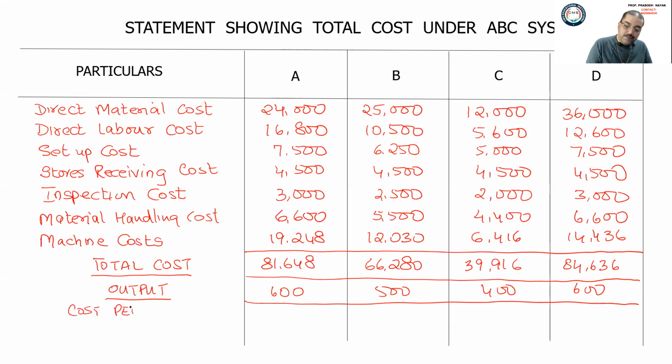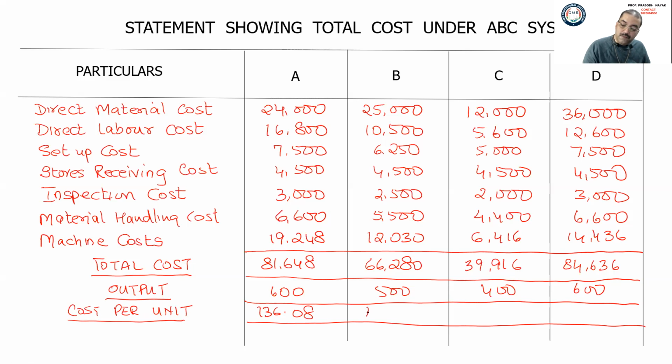Calculate cost per unit. 136.08. 132.56. Then 99.79. 99.6. 141.06.